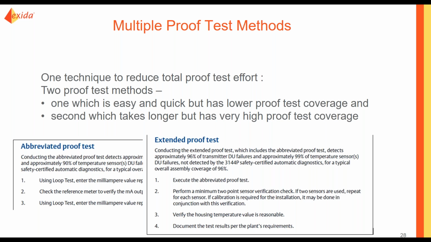It is an extended proof test that has a higher proof test coverage. The intent of this strategy is to run a combination of the two, the simple and the more complex, to be able to push out your more complex proof test as far as possible.